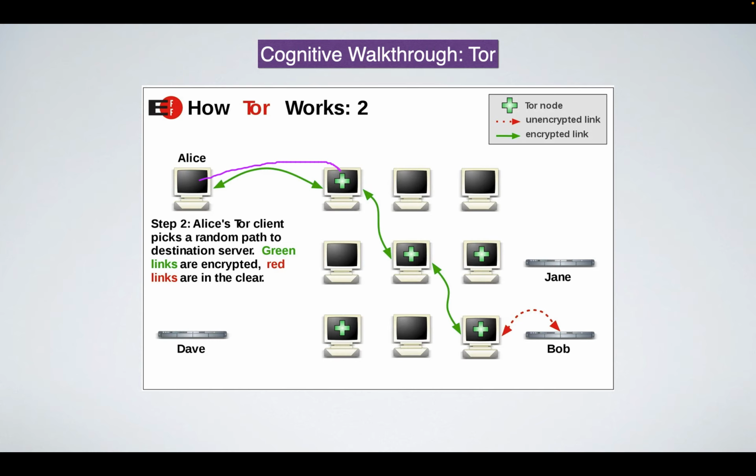So what Alice will do is she'll first get an encrypted tunnel to the first node. Then she'll use that encrypted tunnel, so think of it as a really big tunnel, to make an inner tunnel that will go to the middle node. Now she has this inner tunnel that goes all the way to the middle node.